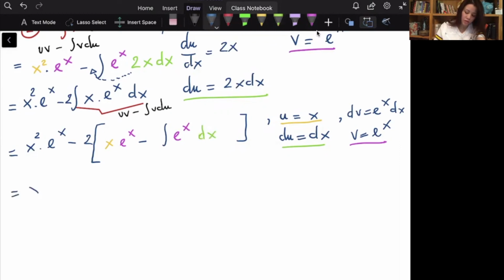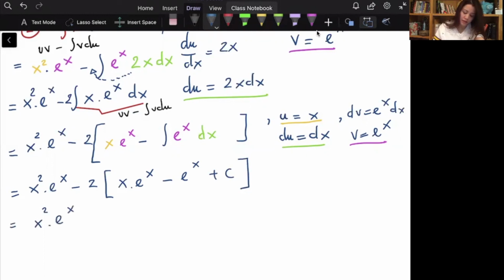Which is equal to x squared times e to the x minus 2 bracket, x times e to the x minus the integral of e to the x, which is e to the x, plus c. That equals x squared times e to the x minus 2x e to the x plus 2 e to the x, plus the minus 2c.